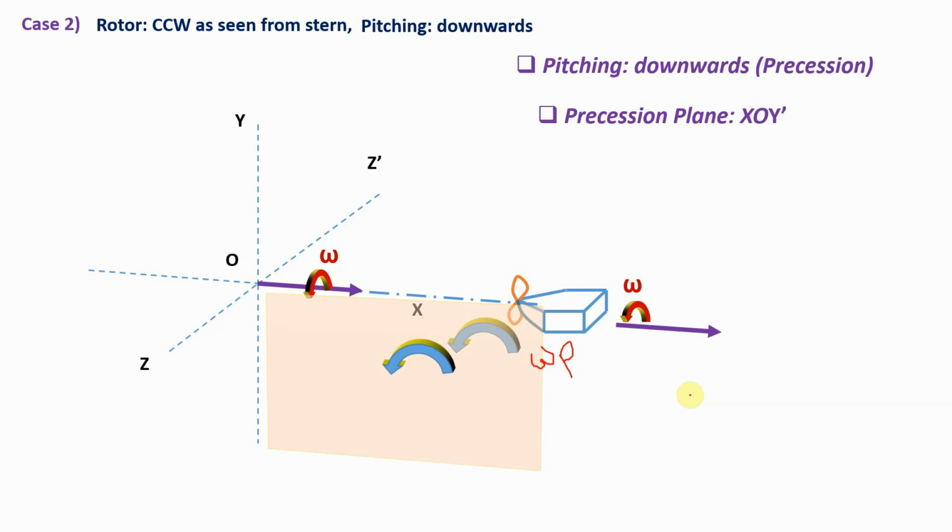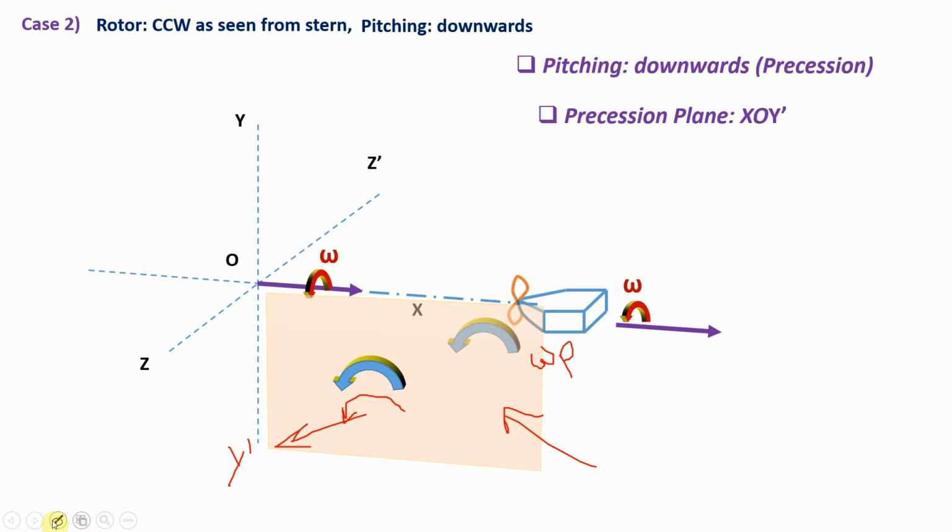Now we will represent this omega p using a precession vector. For that, take your right hand in the plane of precession XOY dash, curl the fingers of the right hand in the sense of omega p, and the thumb will point in the direction of the precession vector.